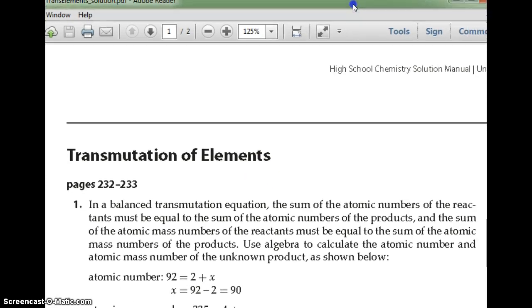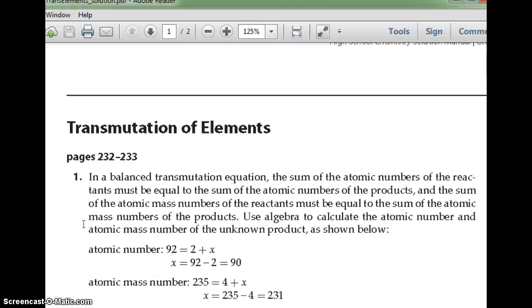And question number 1. In a balanced transmutation equation, the sum of the atomic numbers of the reactants must be equal to the sum of the atomic numbers of the products. And the sum of the atomic mass numbers of the reactants must be equal to the sum of the atomic mass numbers of the products. So use your algebra. 92 equals 2 plus x. Solve for x. You get an atomic number of 90. What do you do with that number?